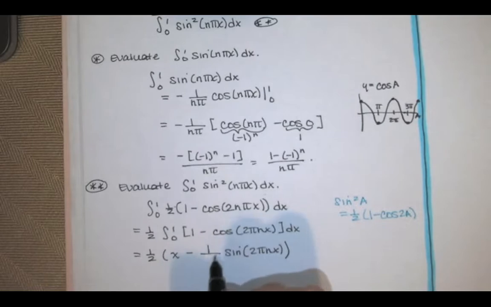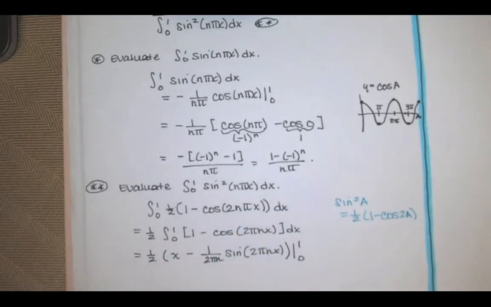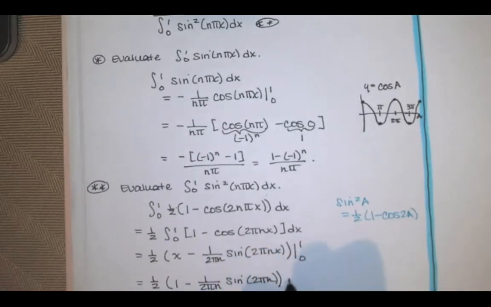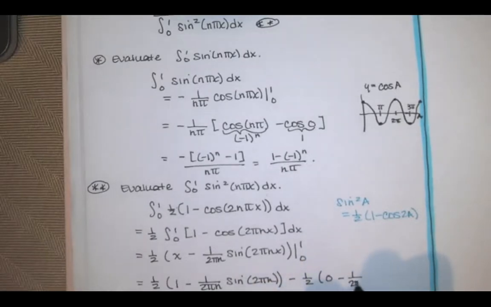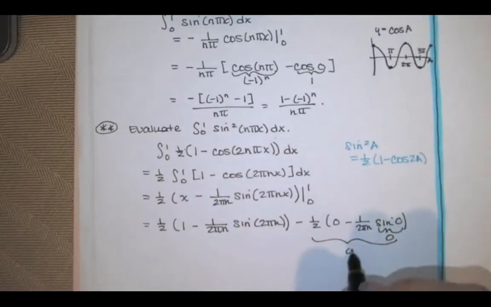Since I'm taking the antiderivative, I will divide by that constant. Evaluate from 0 to 1. So we're going to have 1/2 times 1 minus 1 over 2 pi n times sine of 2 pi n, minus 1/2 of 0 minus 1 over 2 pi n times sine of 0. And sine of 0 is 0.